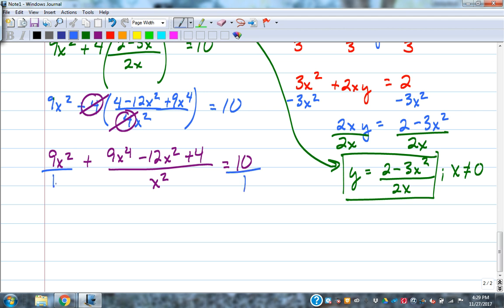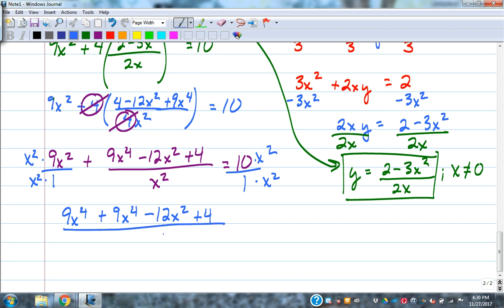So if there's a 1 there, to turn it into an x squared, I multiply by x squared. But I got to do that to the top as well. So that gets us 9x to the 4th plus 9x to the 4th minus 12x squared plus 4 over x squared is equal to 10x squared over x squared.